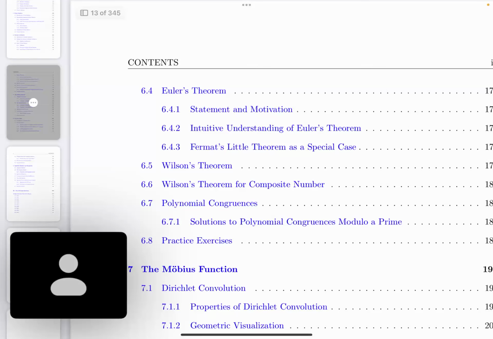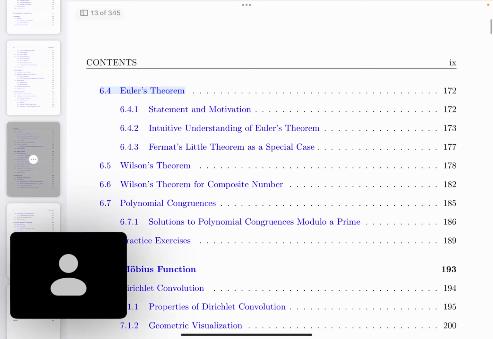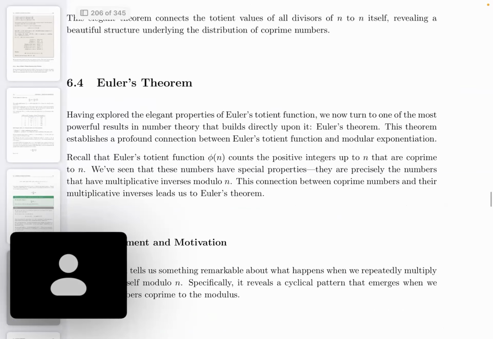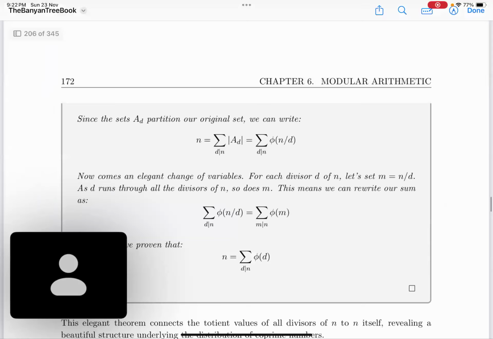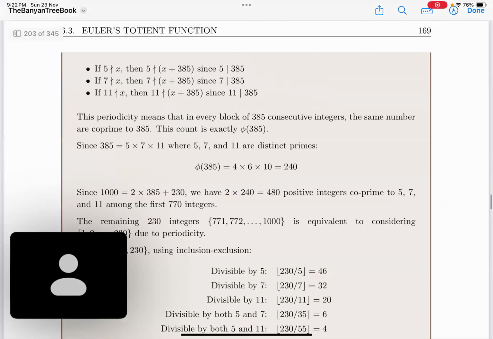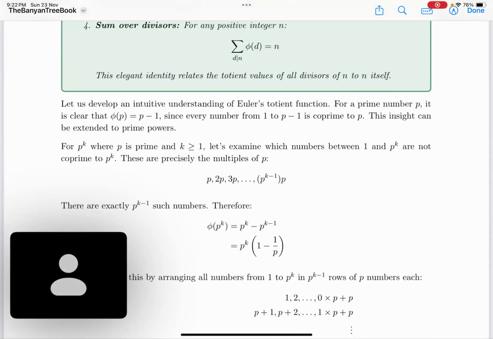Now I can see the page change. Okay, so my mistake, I wasn't doing a screen share. Do you see the screen share? Yes.